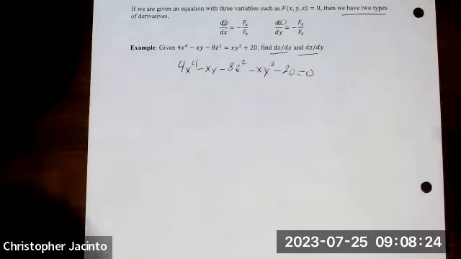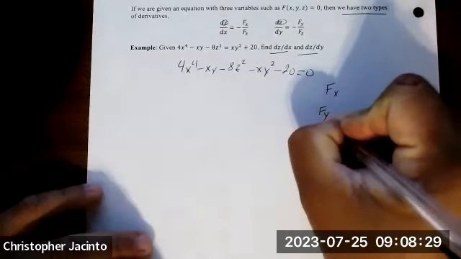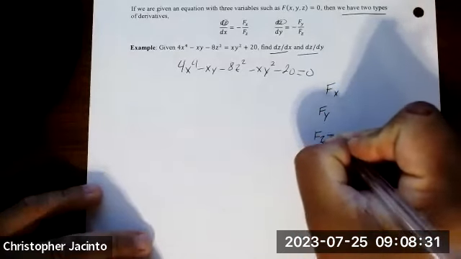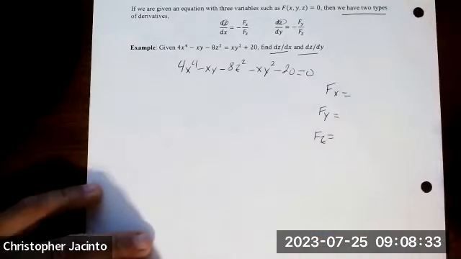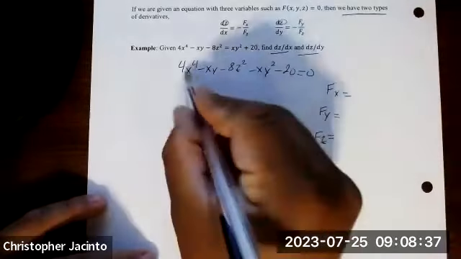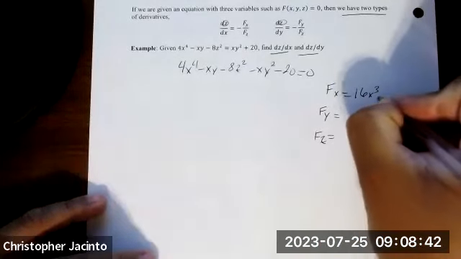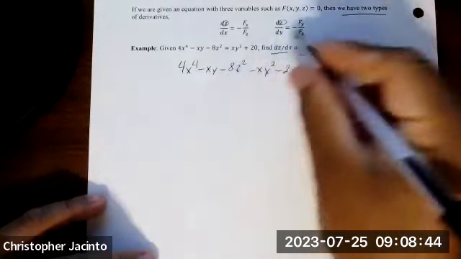And then next up, we get to find partial derivatives with respect to x, y, and z. So taking the derivative with respect to x, that goes away.